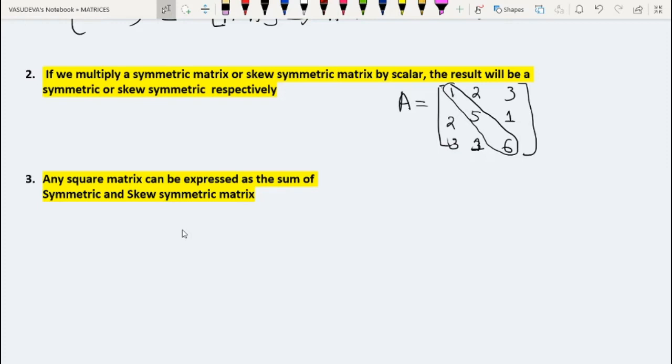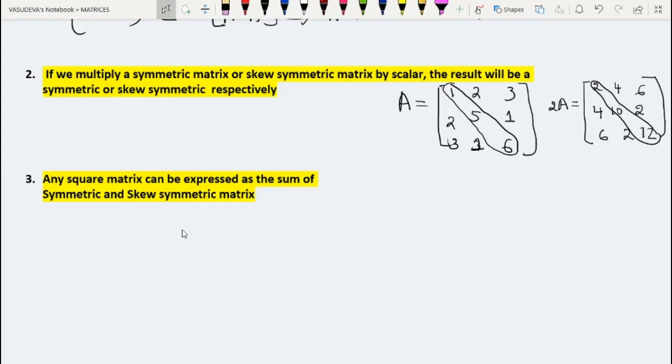The elements above the principal diagonal are the same as the elements below the principal diagonal. So when you take 2 into A, the characteristic of symmetric property does not change. This becomes 2, 4, 6; 4, 10, 12; 6, 12, 2. See, observe this. This is again a symmetric matrix.